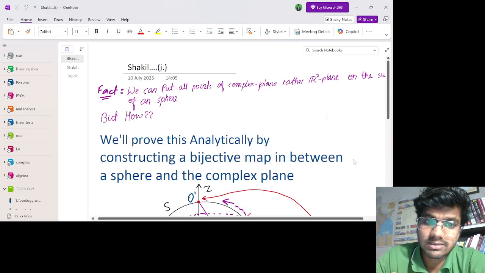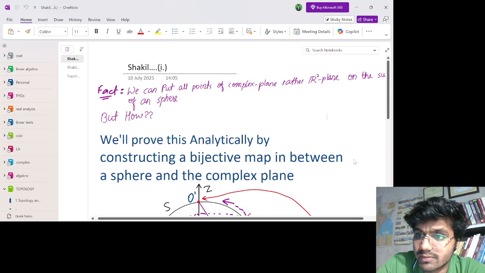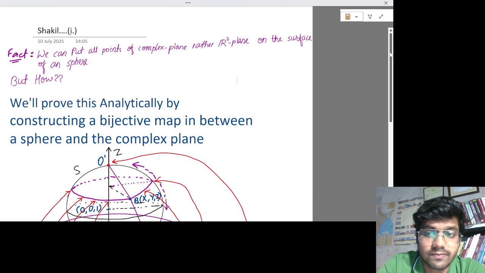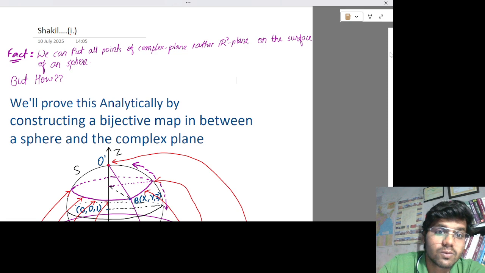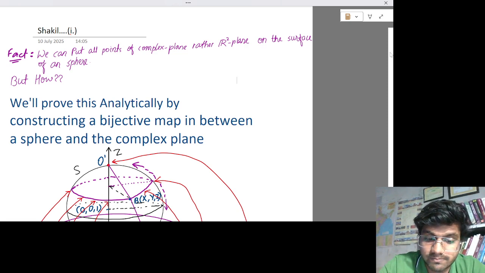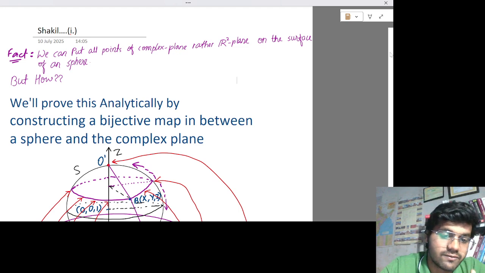Okay, let us discuss one fact. The fact is that you can put all the complex points, or the R2 points, into a sphere.